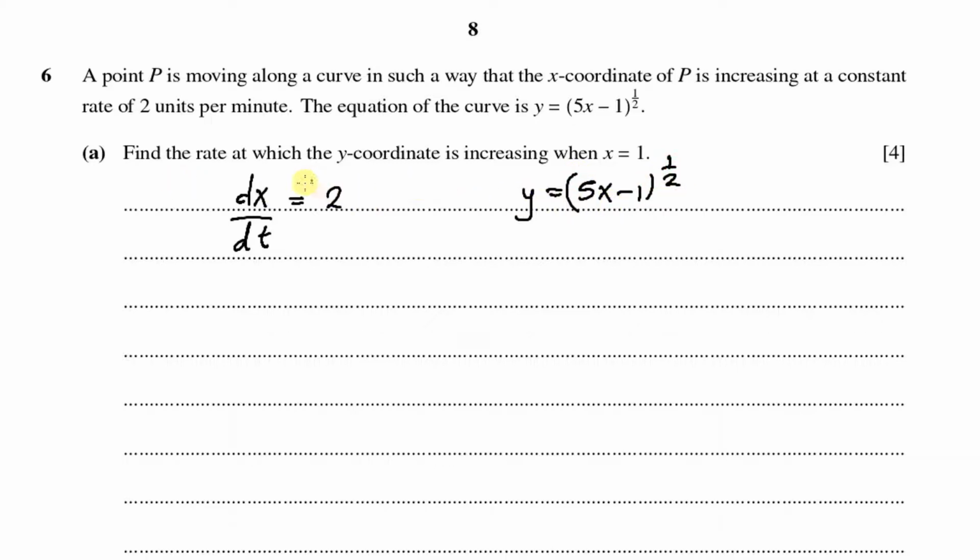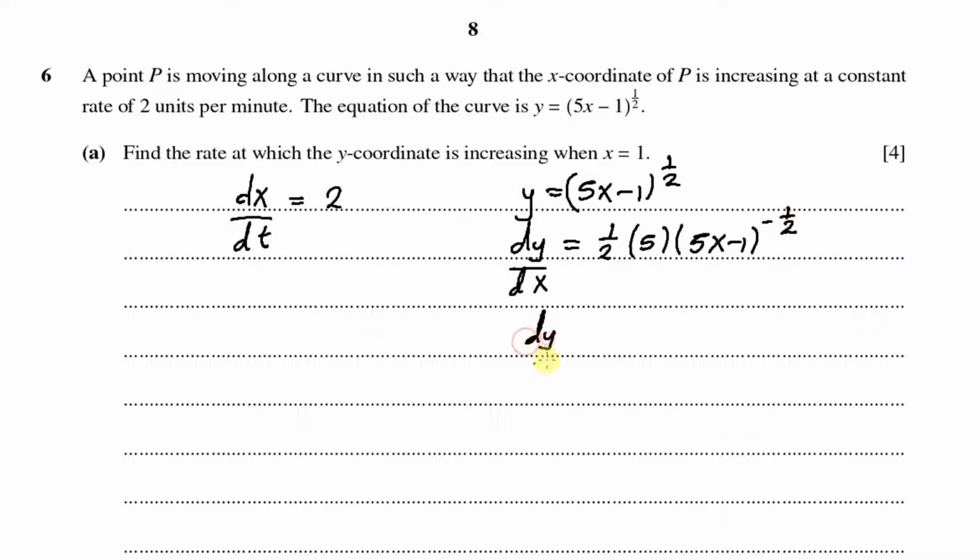Now, this is a rates of change type of question, and we will also have need of the derivative of y in terms of x. So here I'll find dy by dx. So I'll bring down the half, then the 5 here from the derivative of 5x minus 1, then (5x minus 1) to the power of a half minus 1, which is minus a half.